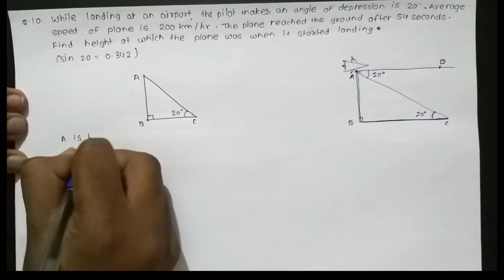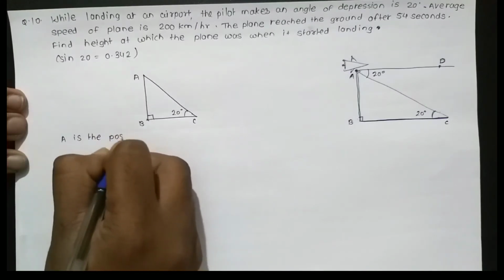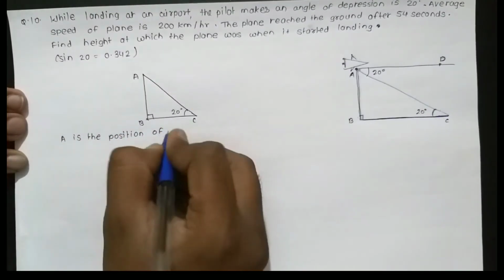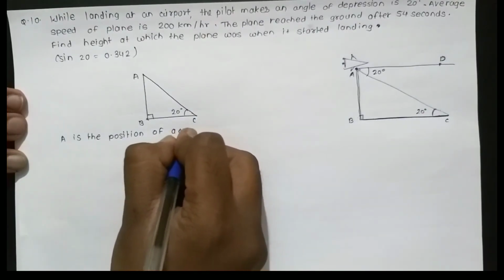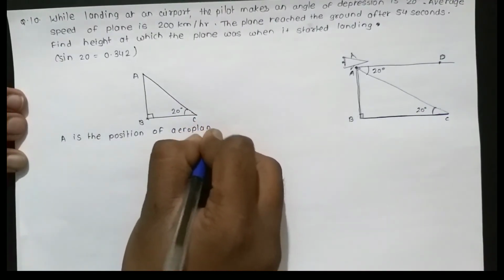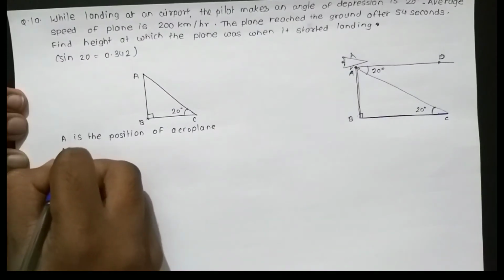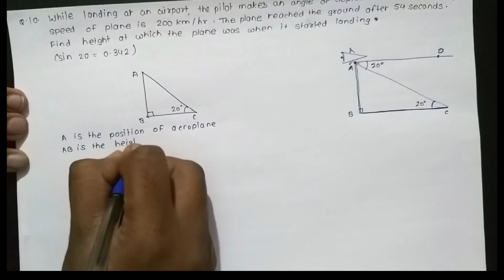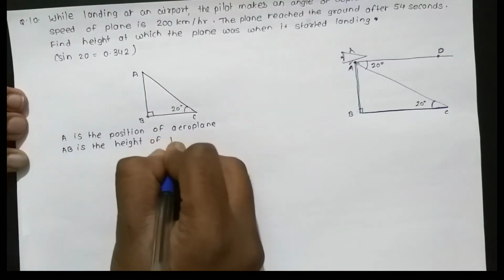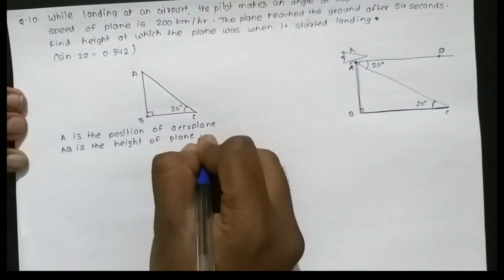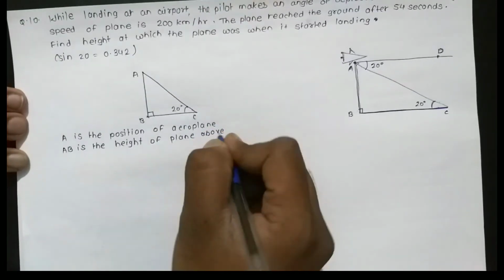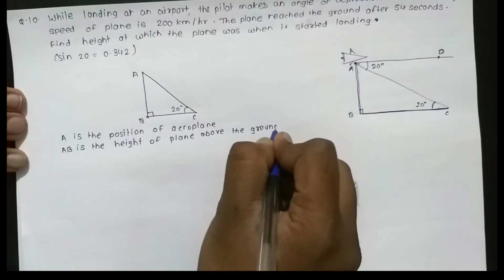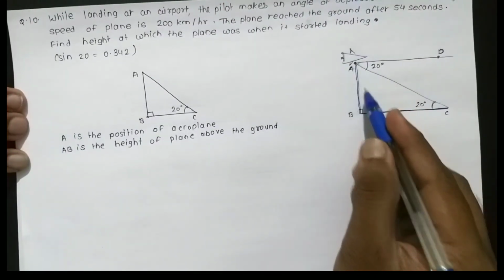A is the position of the aeroplane and AB is the height of the plane above the ground. AB is the height of the plane.